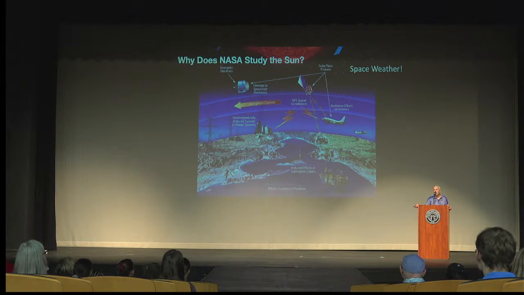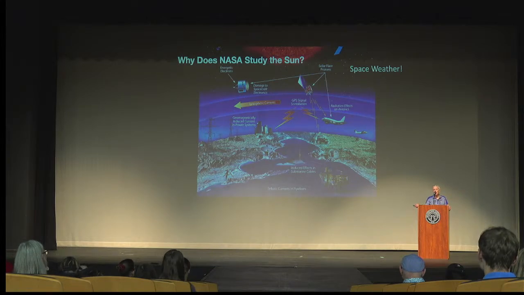It can create something called a ground-induced current, so that those charged particles that I mentioned, the electrons and the protons, interact with Earth's magnetic field. They can make it all the way to the ground. They cause currents to flow in the ground, depending on the geology of the area. And those currents can then flow in the ground to large transformers.